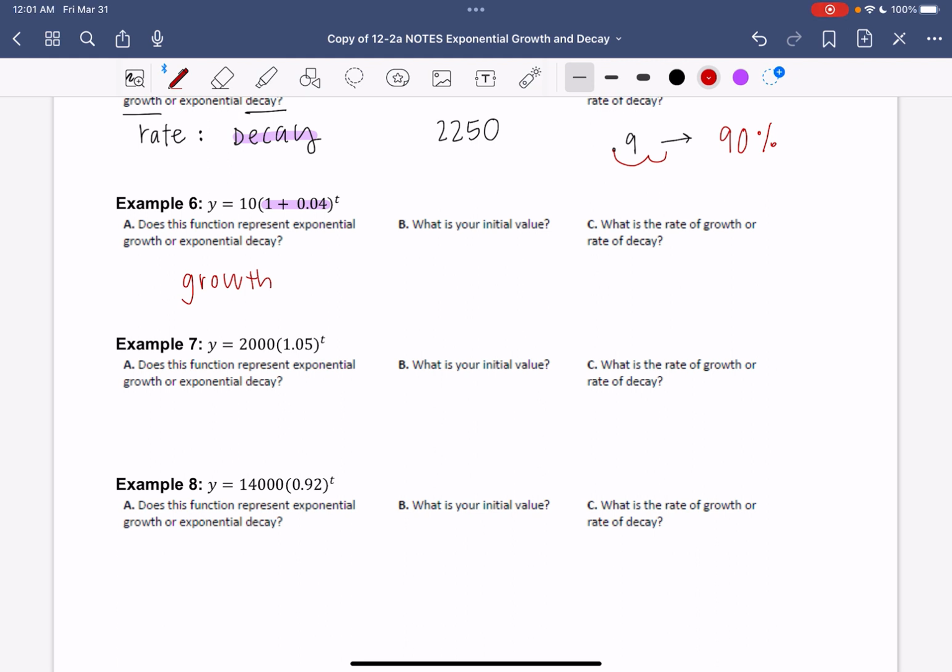The initial value is in front of the parentheses, so that would be the 10. And your rate of growth or decay is whatever it's adding. So it's 0.04, but again, we want that in a percentage, so we move our decimal to the right twice. So this is 4% growth.